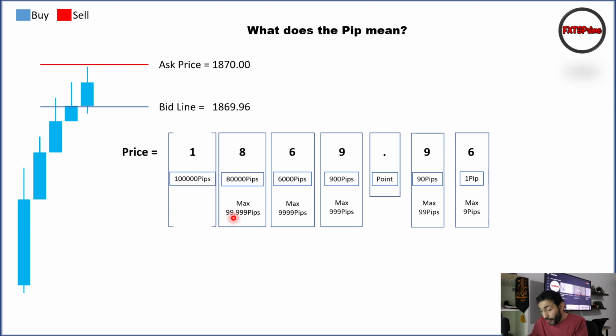When it comes to the last digit, this is an increment of 10,000 pips, and the maximum number that can go here is 999,999 pips. So you can see that when one number becomes 9, it shifts to the next number, and so on through every digit.